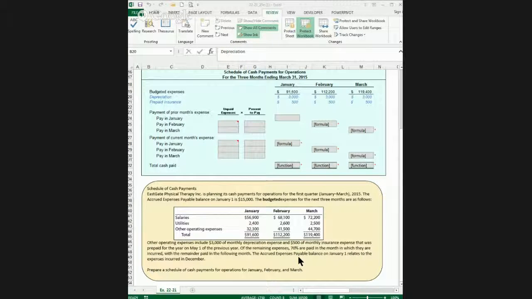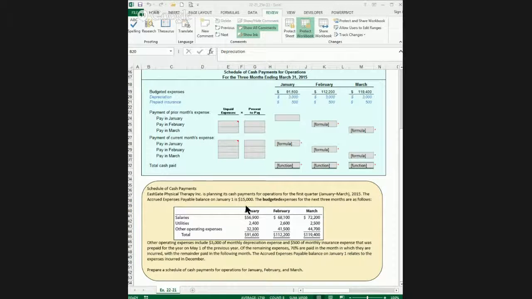Of the remaining expenses, that is the gross expenses less those that are non-cash expenses, 70% are paid in the month in which they are incurred, and the remaining 30% are paid in the following month. And it does verify that the accrued expenses balance, that's the $15,000 that we mentioned up here, were expenses that were incurred in January.